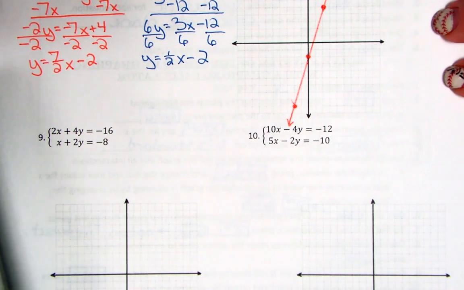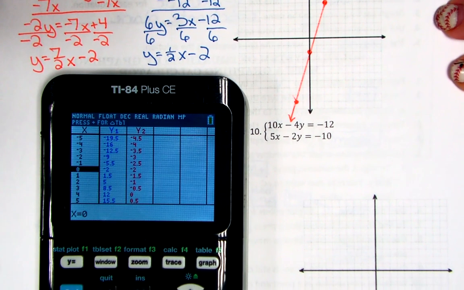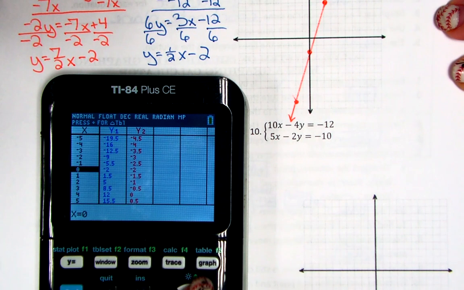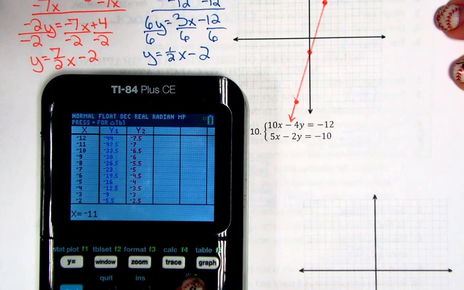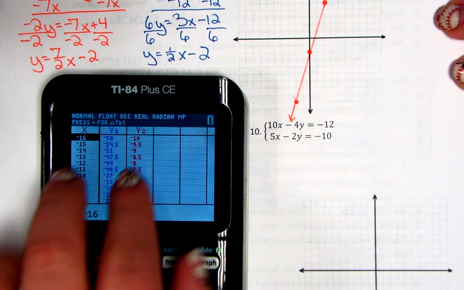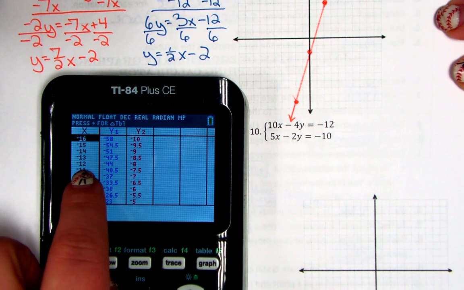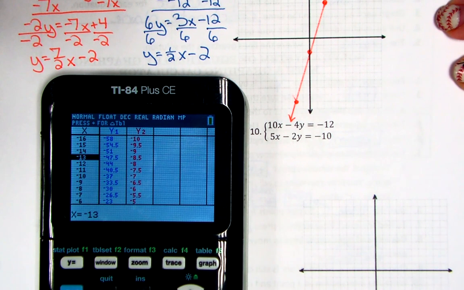And for my other equation, my blue equation, I'm looking at the x column and the y2 column. So I can see that -9 and -10 will both fit for the y, but I'm now way off of my graph for the x. Just find the ones that will fit.